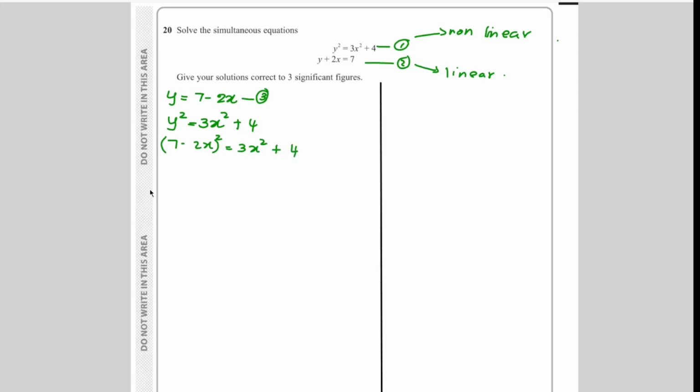Right, now we need to expand this one. This is not just y, that's why we have to square this one. Just expand this now: 7 minus 2x times 7 minus 2x. So this is not 49 minus 4x squared, guys. You have to do 7 minus 2x times 7 minus 2x, and there's a particular way that you have to expand it.